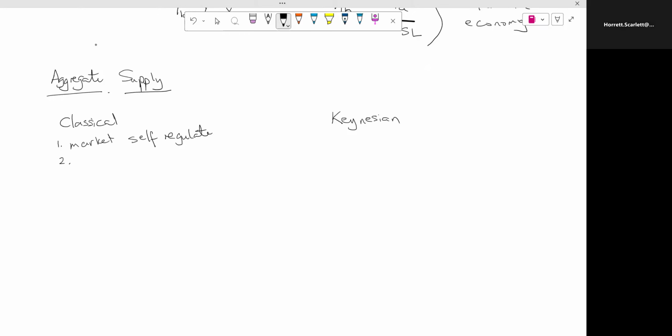Another assumption is the belief that wages and prices are flexible. So because they are flexible, they will change and adapt as the market forces play out. And this is how markets would self-regulate themselves. That's the belief, or that's the theory.